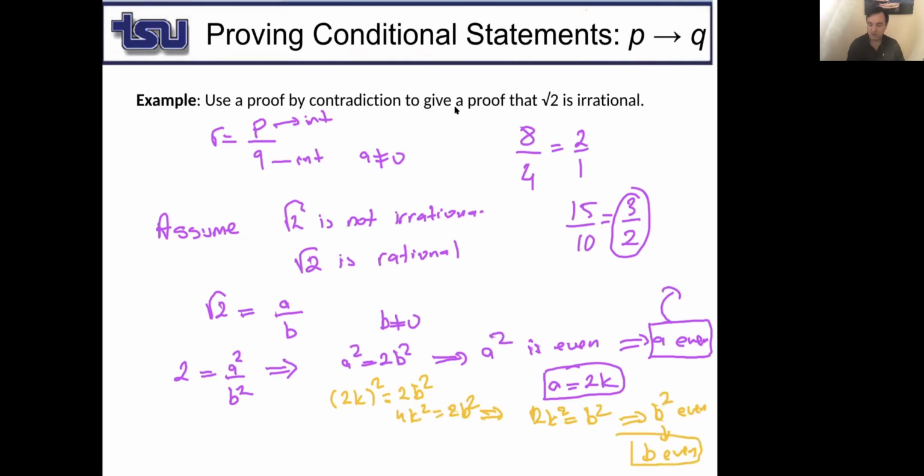Well, now we concluded that a is even and b is even. That means a and b have a common divisor, right? But our assumption was they should not have a common divisor, okay? So we contradicted the assumption that square root of 2 is rational and represented as a over b, where b is not 0 and a and b are in the minimal representation. So that's a contradiction.